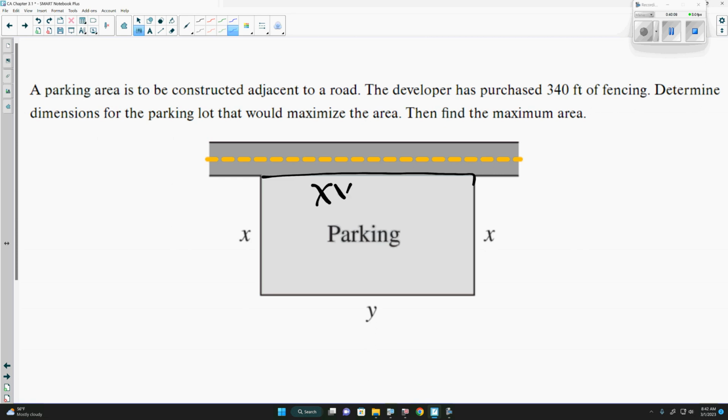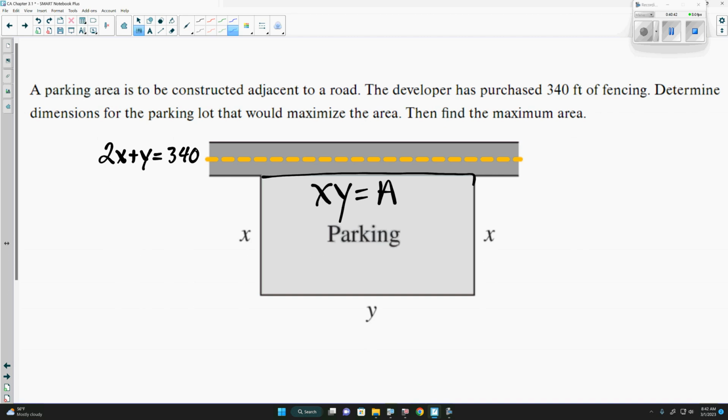Length times width is equal to our area. Yes? Well, the perimeter, we're not including the road, but this here would be 2x plus y is equal to 340. And we can use these two formulas here to actually figure out what is going to be the best lengths of the two sides to get us the best area.